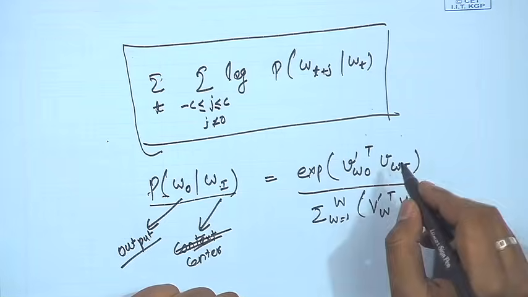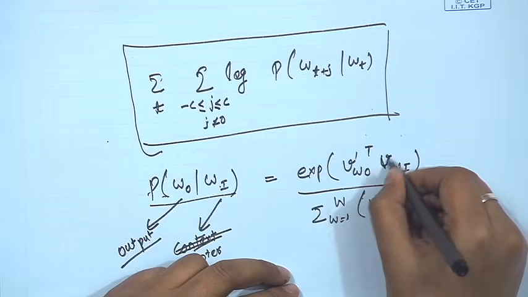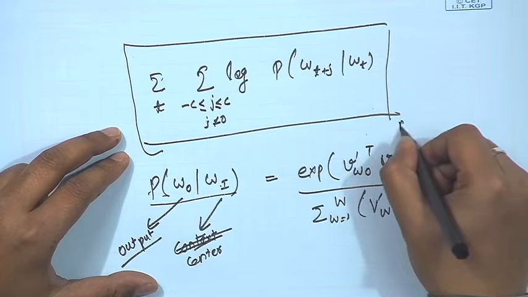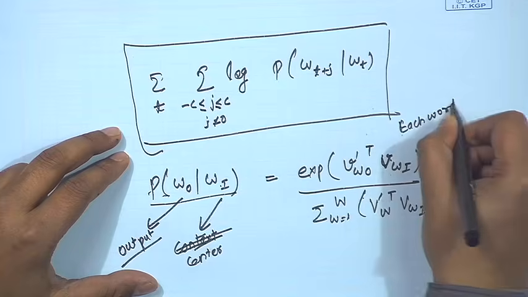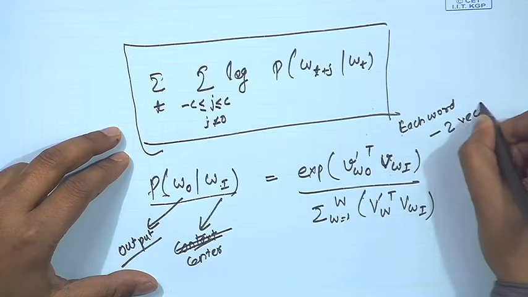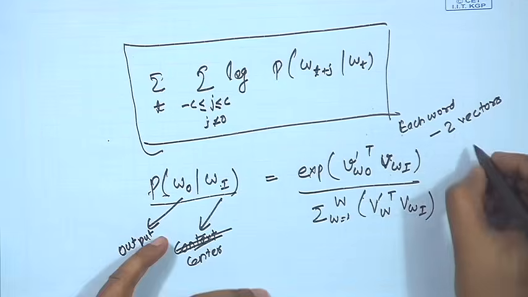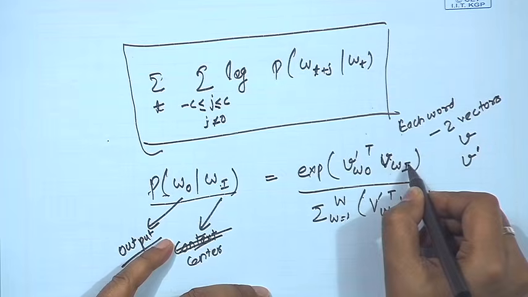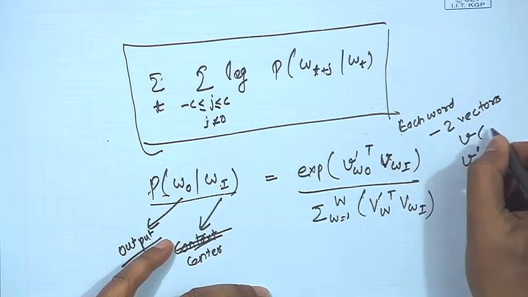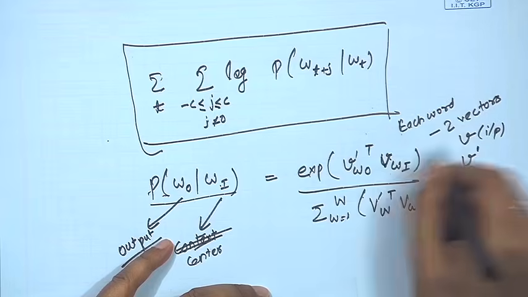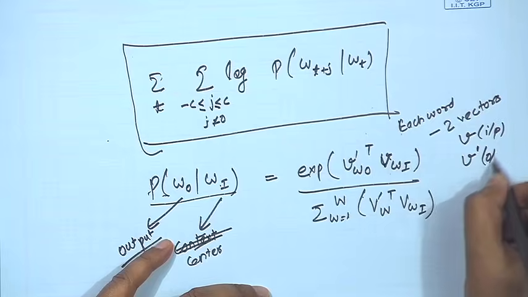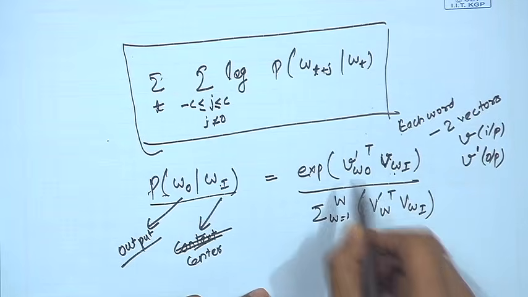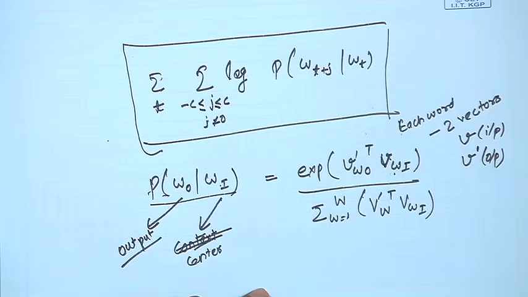So what are the different things we have written here? One thing you are seeing is there is a V and there is a V prime. So for each word you have two vectors, one is V, another is V prime. So V is used only for the input, center word, and V prime is used for output. So when I am trying to use the input word to predict the output word, I will simply take a dot product of these.